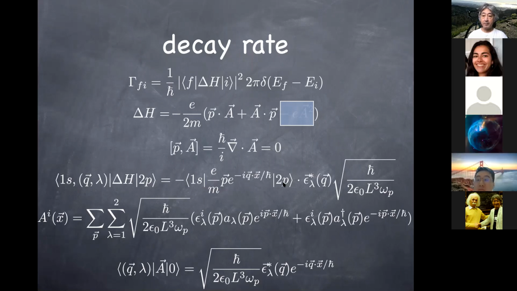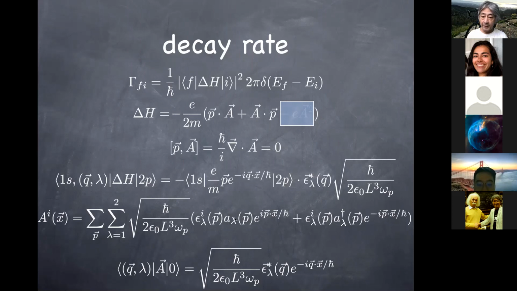Could you repeat the reason why we're leaving off this last term in the perturbation? Oh, this one, yeah. So the idea is that this last term has A squared in it, and A has an annihilation operator and a creation operator. If you take A squared, I have three kinds of terms.